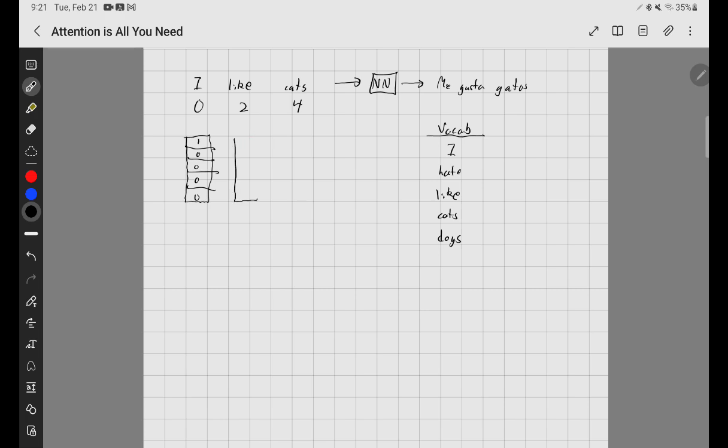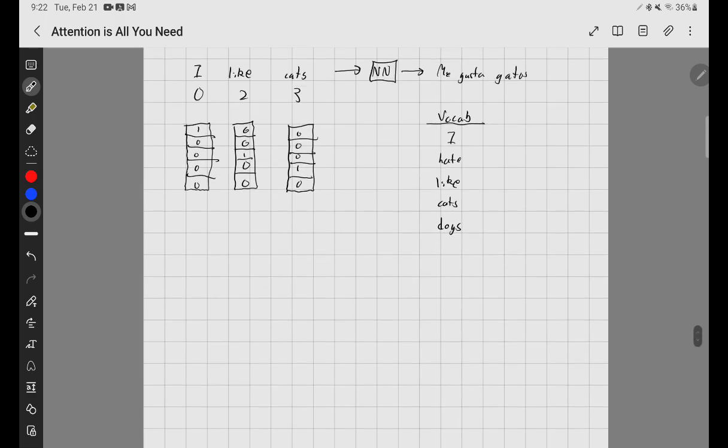The word like would be represented as 0 0 1 0 0. And the word cats would be 0 0 0 1 0. And then the word dogs would have a 1 at the end, and so on. So you can represent it as this one-hot vector.